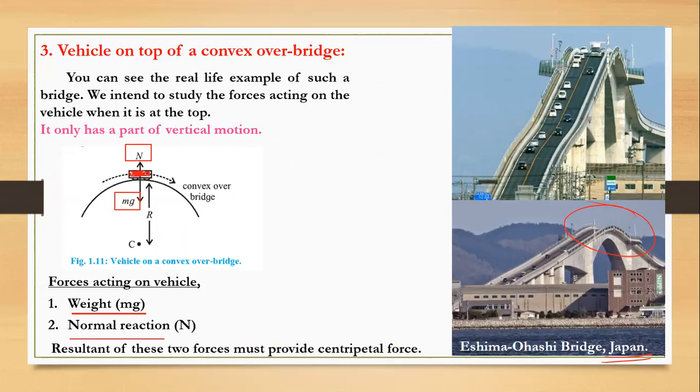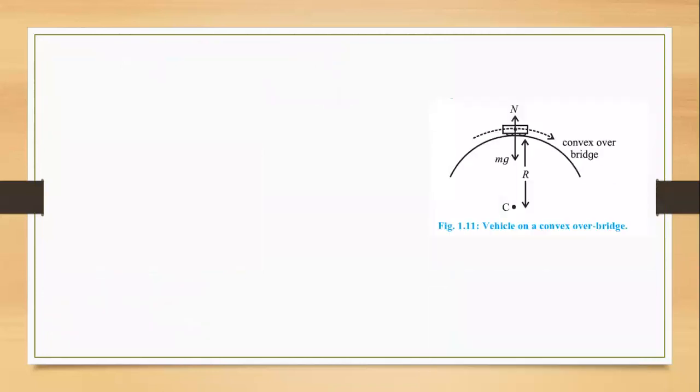The resultant of the weight and normal reaction provides the centripetal force, because the resultant lies towards the center of this convex over bridge. Now pay attention. The resultant of these two, mg minus N, provides the centripetal force, which means mg minus N is equal to centripetal force.